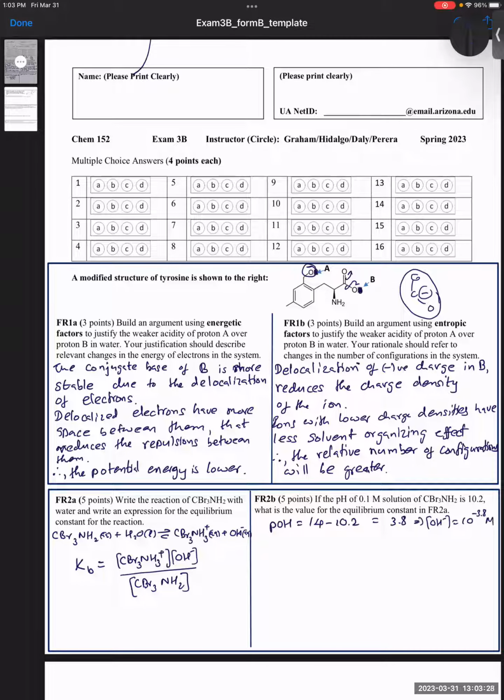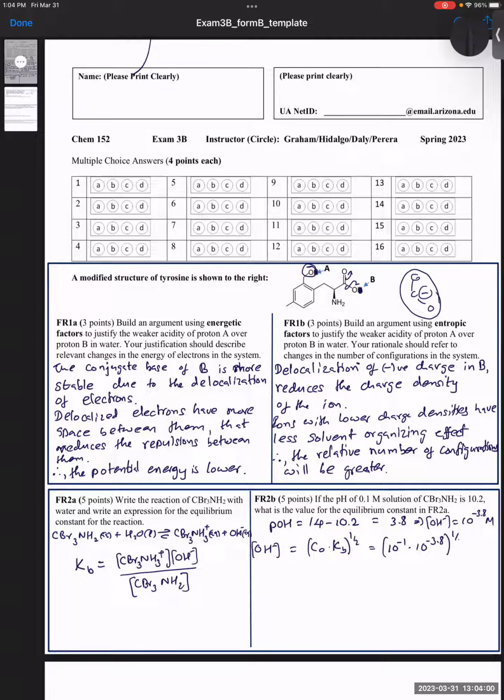And we know for weak bases, the OH- concentration is the square root of C0 times Kb.